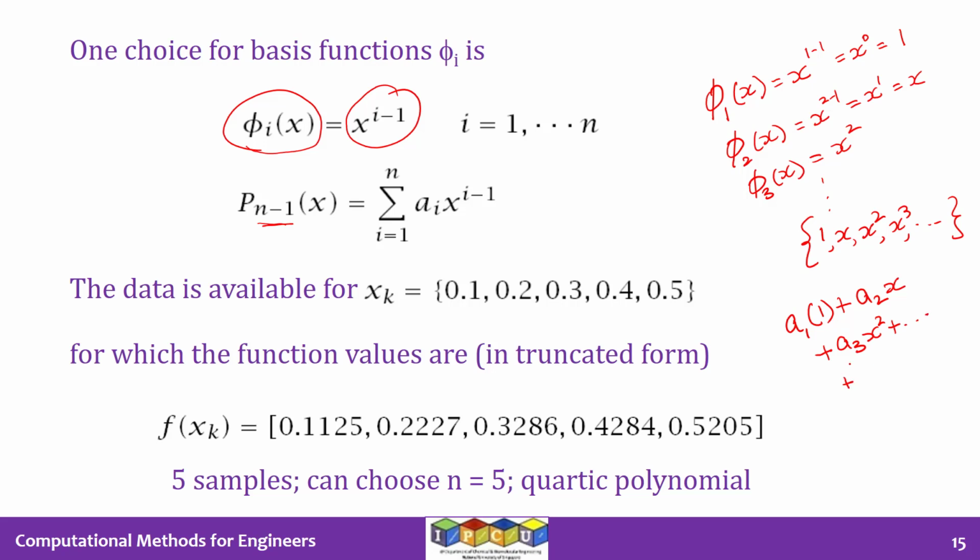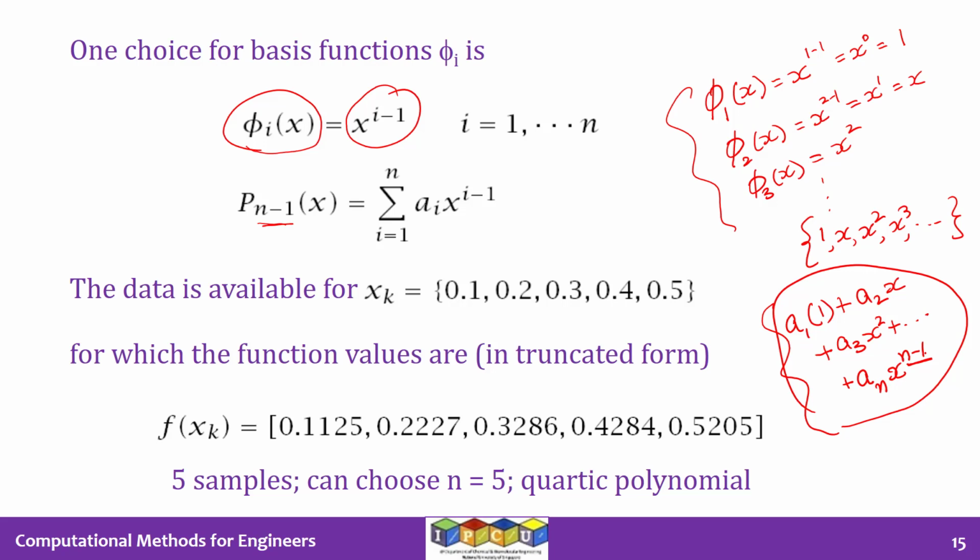And when you come to i is equal to n, you're going to get an x to the power of n minus 1. So when you go from i is equal to 1 to n, using this choice of basis functions, we are going to get the functional approximation to be this. You can readily see that this would be a polynomial of order n minus 1. So this would be P n minus 1, and that's what you see here.